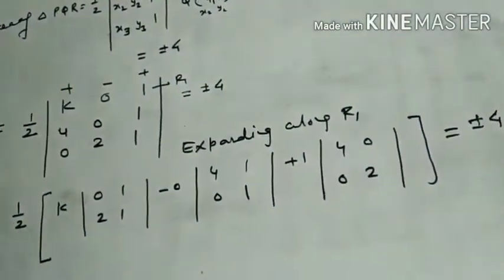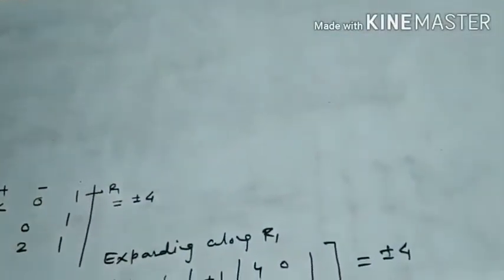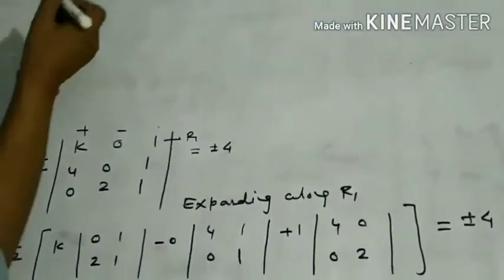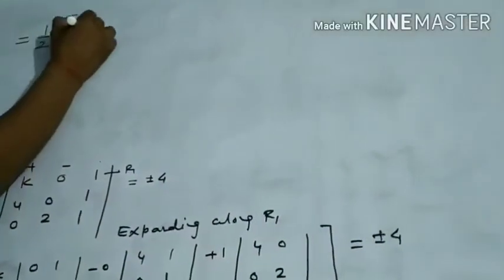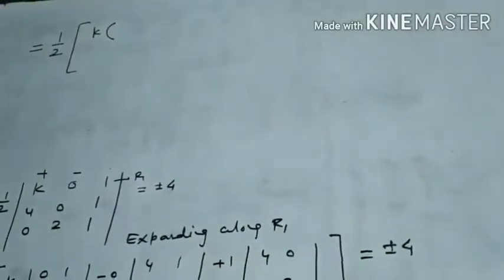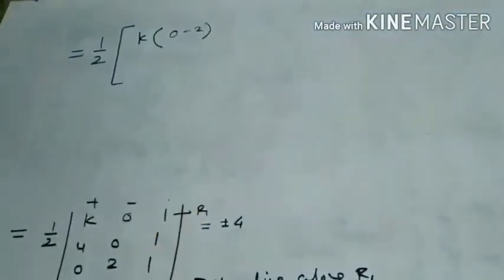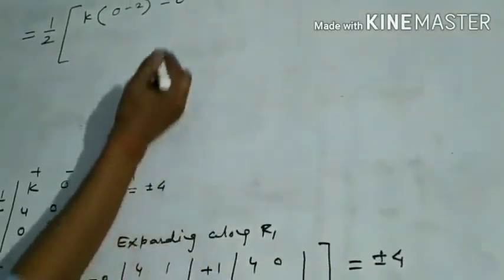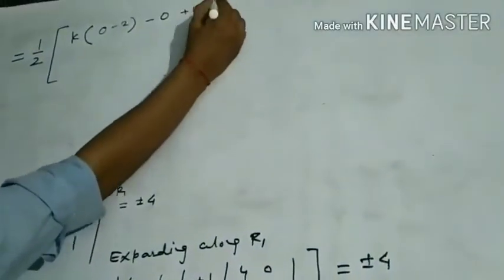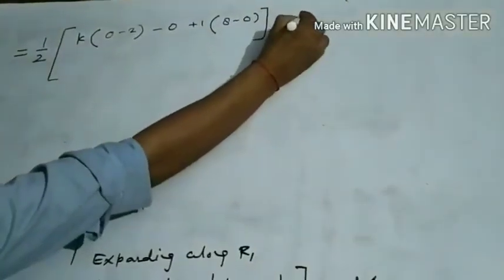Now after that you have to see, this is equal to 1 by 2 and then k, here 0 multiplied by 1 means 0, and then minus 2 and this becomes whole 0, means minus of 0, and then the third term means 1 and then 8 minus 0, and this is equal to plus minus 4.